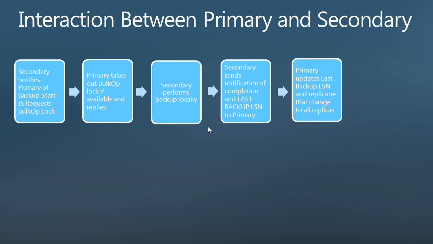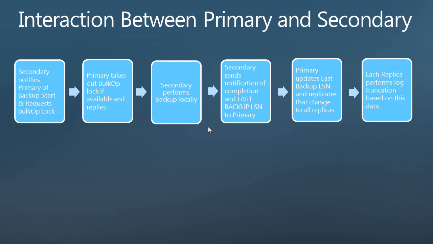So in that way, everyone gets the same value of the last backup LSN, or at least it is updated before the bulk op lock is released. And that's how we guarantee that there is never any overlap in backup LSNs in the contents. At that point, the primary would also release the bulk op lock so other backup operations could take place.